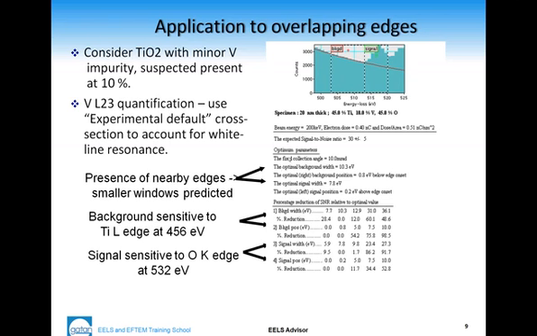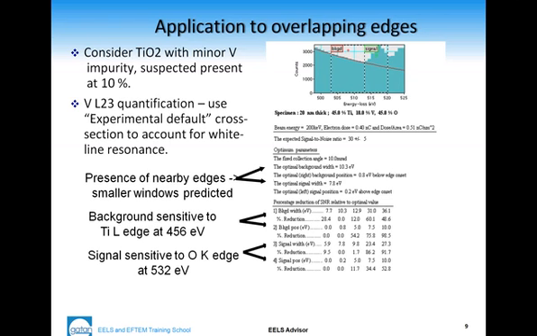So we have the optimum parameters, the optimum background width of 10 eV, signal width of 8 eV, and basically showing that the background and signal windows are constrained somewhat when performing a quantification.